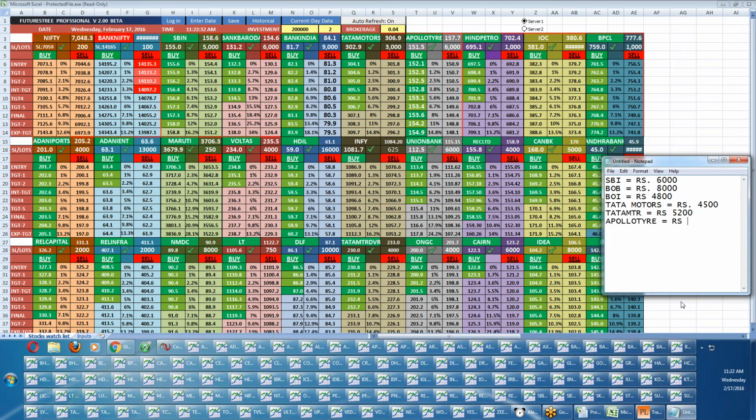Now it is at 157.70. So that's around 5 rupees 60 paise. Your lot size is 3000. This one trade itself is your profit for the entire day, 16,000 rupees odd.